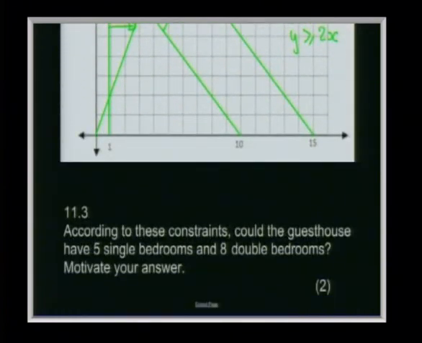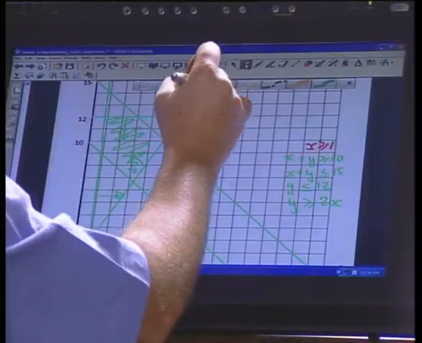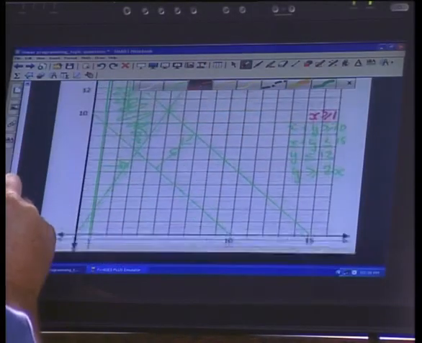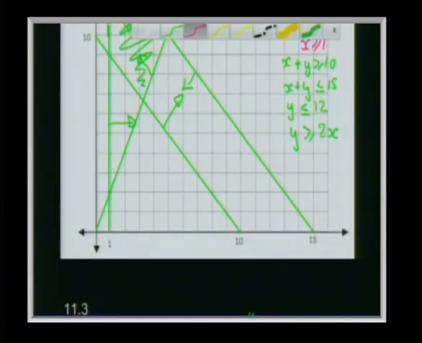According to these constraints, could the guest house have 5 single rooms and 8 double rooms? Now remember, singles was x's and doubles was y's. So we're looking for the point 5, 8. Could it be in the feasible region? 5, 8. Let's double check. Well, 2, 3, 4, 5, 8.